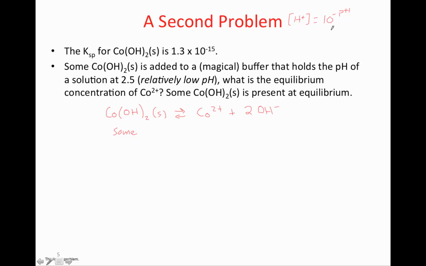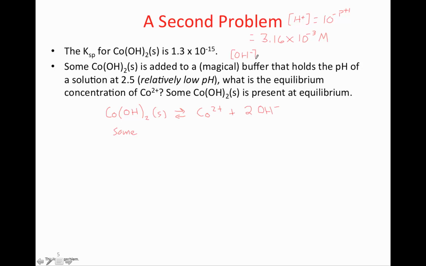The hydrogen ion concentration here is equal to, I've got 2.5, and I take 10 to that power, and I get 3.16 times 10 to the minus 3 molar. But now what I've got to do is figure out the OH minus concentration.